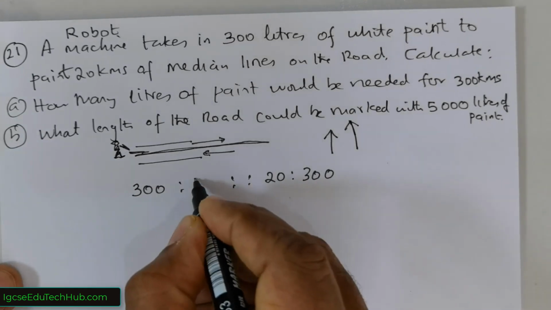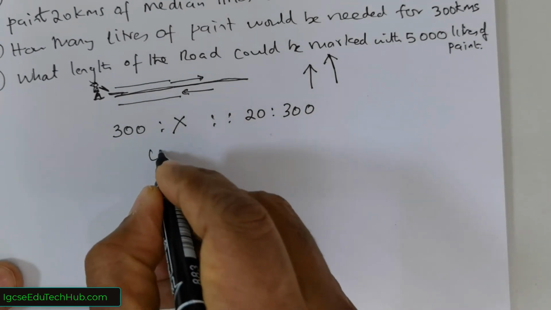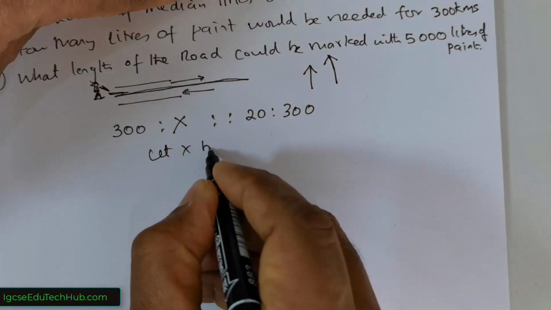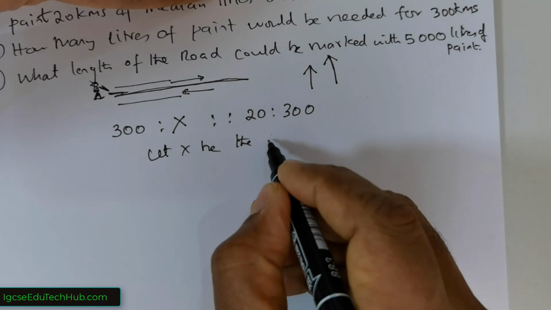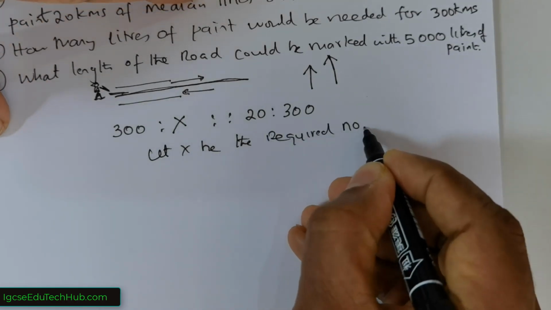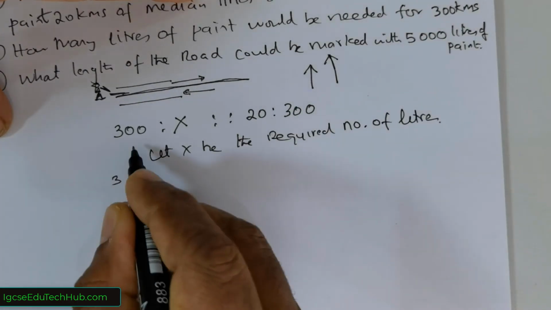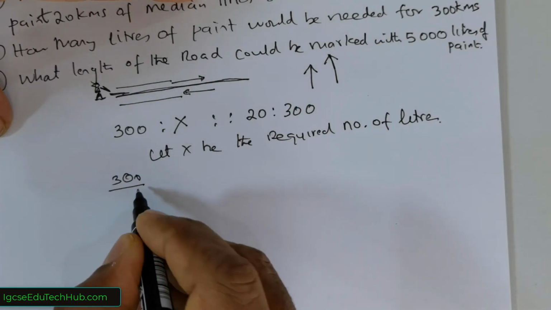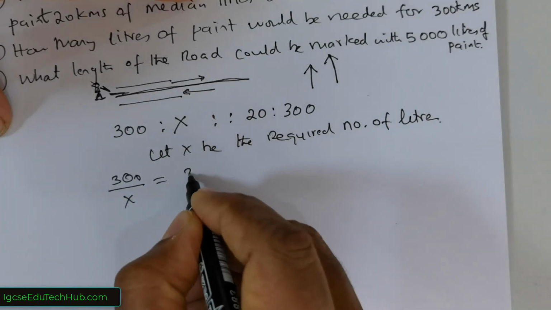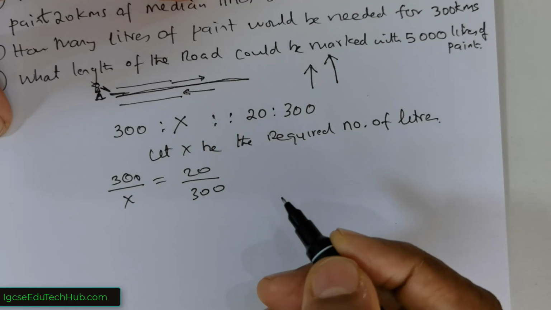So we are expected to calculate the number of liters over here. So I'm going to state here, let x be the required number of liters. So that would mean it's a direct proportion. So I'm going to rewrite this as 300 over x is equal to 20 over 300.